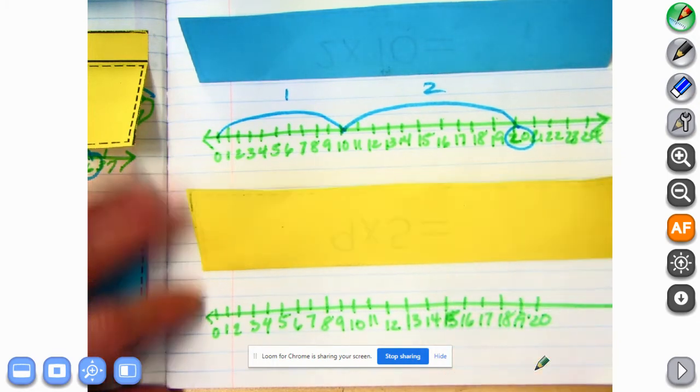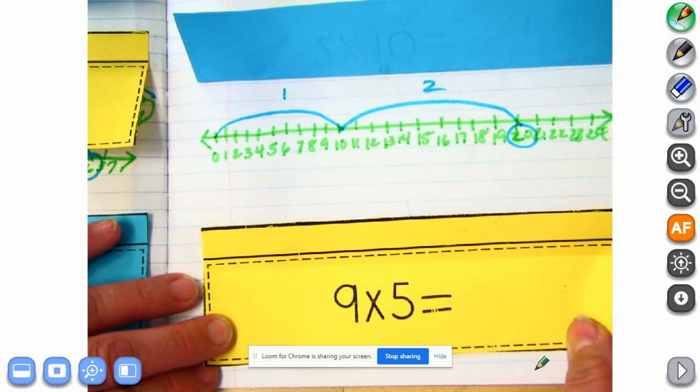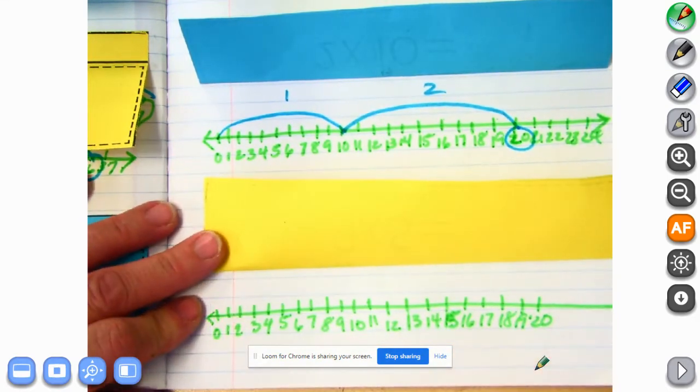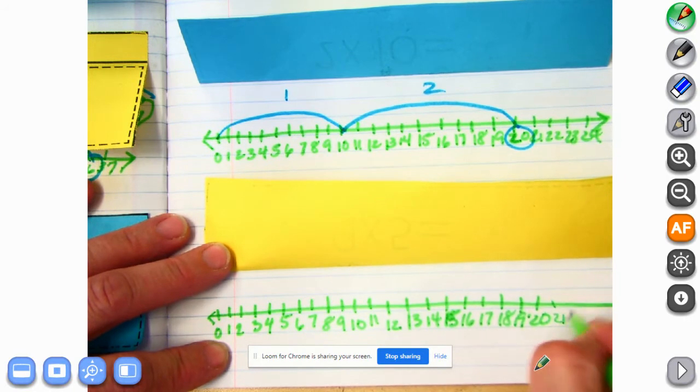Okay, let's see if that's enough. So 9 jumps of 5. Ooh, we're going to need more.